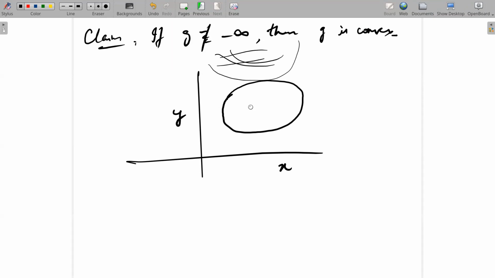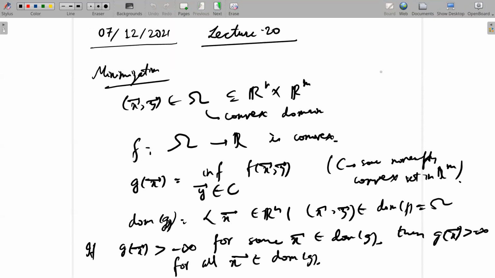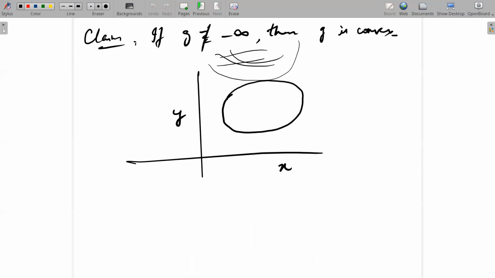What this is claiming is, I'm fixing this value of x, then in the domain, it consists of these points, right? And for each of them, I will take an infimum over y. So perhaps it happens somewhere here, and at this point, the infimum may happen over here at this slice. So you're slicing your convex domain, and as you can guess, all the slices will themselves be convex.